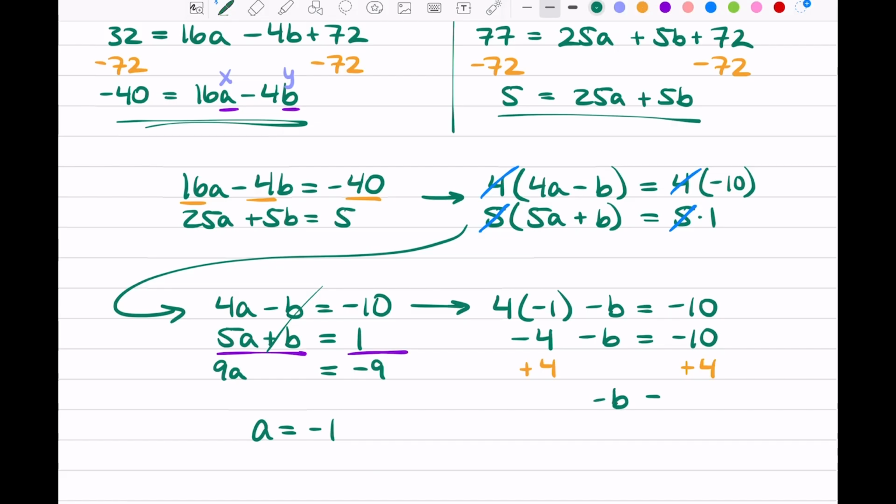We get negative b equals, and negative 10 plus 4 is negative 6. If we multiply both sides by negative 1, those negatives disappear, so we get b equals 6. So we figured out our two coefficients, negative 1 and 6.